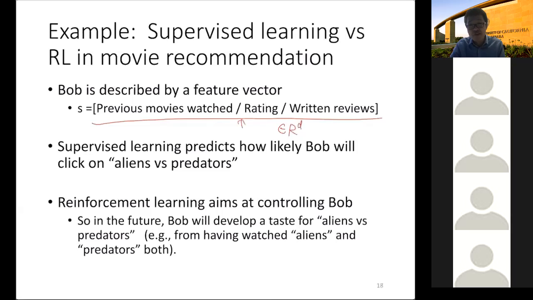And there's a chance that after watching this, Bob might enjoy this kind of movie in general, and that will change the corresponding feature representation of Bob, right? And then, can I learn a policy that systematically creates this kind of curriculum for Bob to learn from the movies, where I'll first recommend Alien, then recommend Predator, and both of them are highly rated.